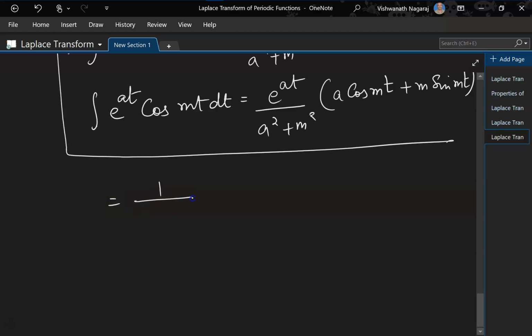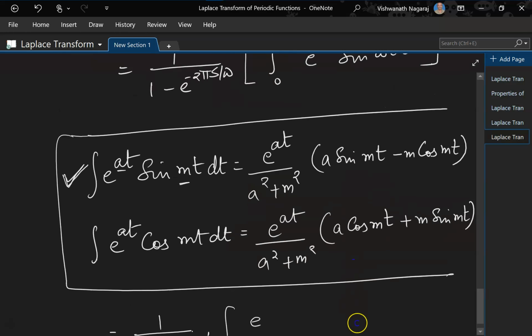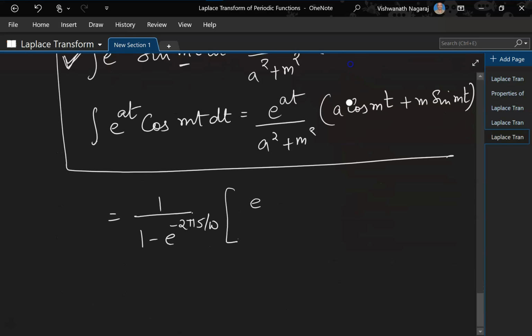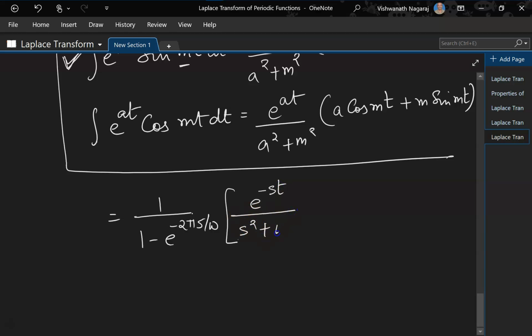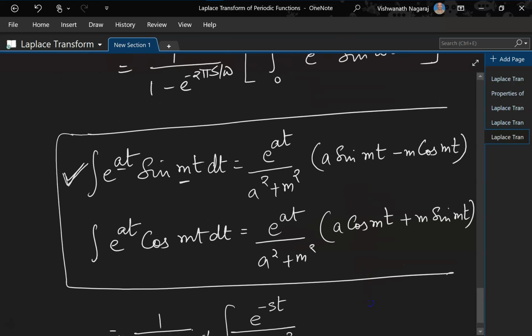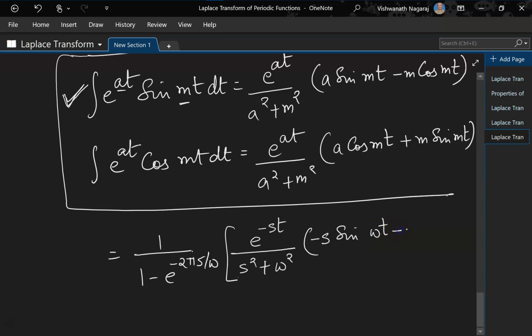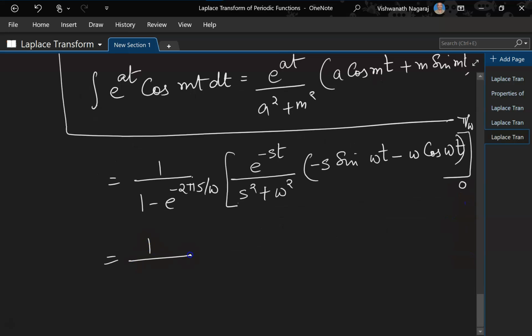The next step would be 1 by 1 minus e to the power of minus 2 pi s by omega times e to the power of minus st by s square plus omega square. Here a is minus s and m is omega, so minus s sine omega t minus omega cos omega t, from 0 to pi by omega.